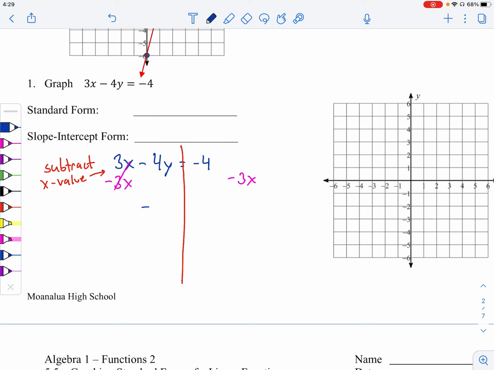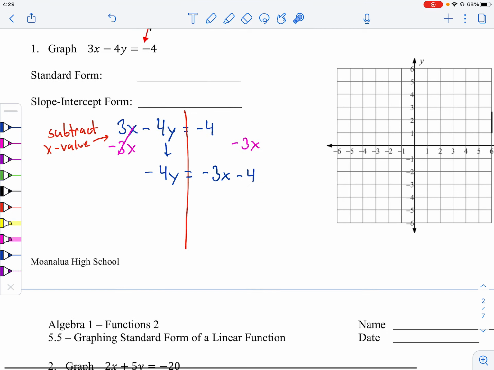So we have negative 4y left over on the left. And on the right side, we have negative 3x minus 4, because they're not like terms. So negative 3x, negative 4. Bring it down. And then we divide to detach negative 4, and we do it to everything. Divide everything by negative 4.